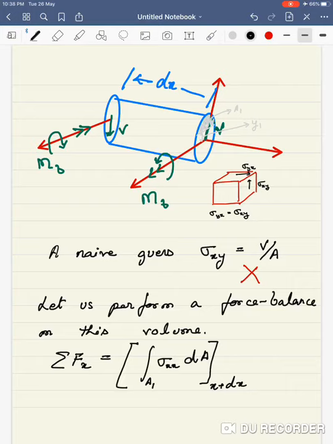And what is the force on the other side? That is again this term dA, but this time at x.